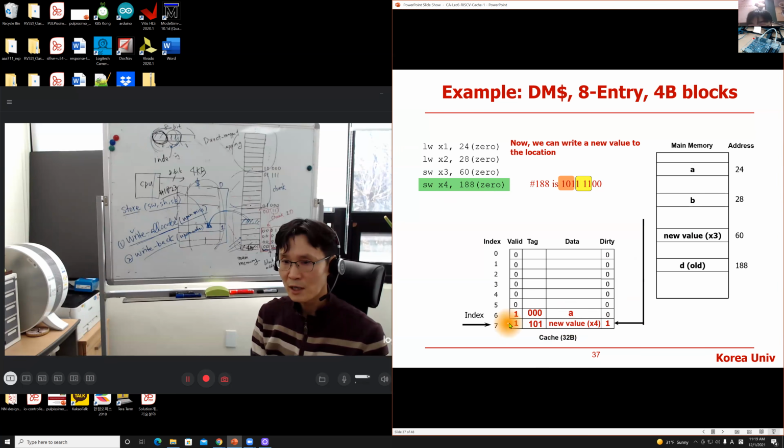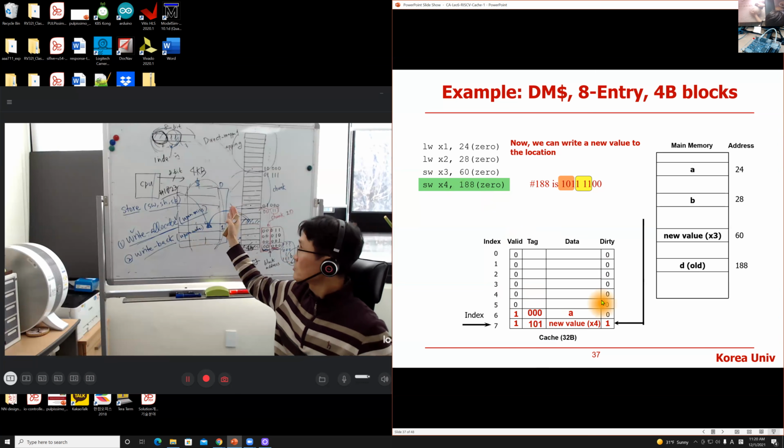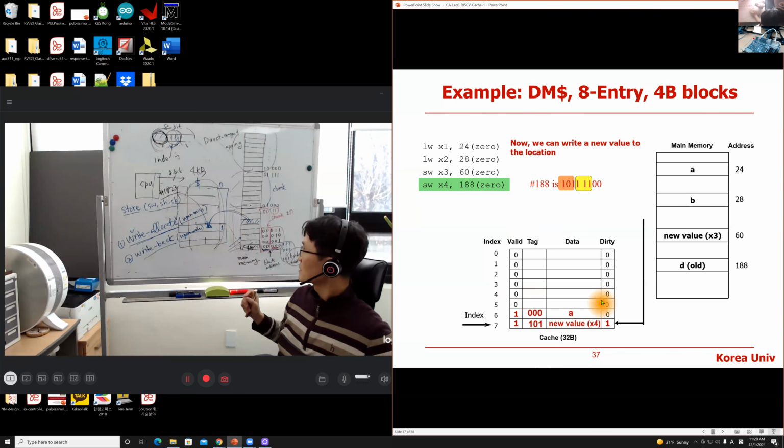So now the cache has new information and main memory has old information. That information will eventually be updated to main memory, because that is a memory update instruction, a store word instruction, not a cache update instruction. Cache is a memory component in between these two just to speed up execution time.